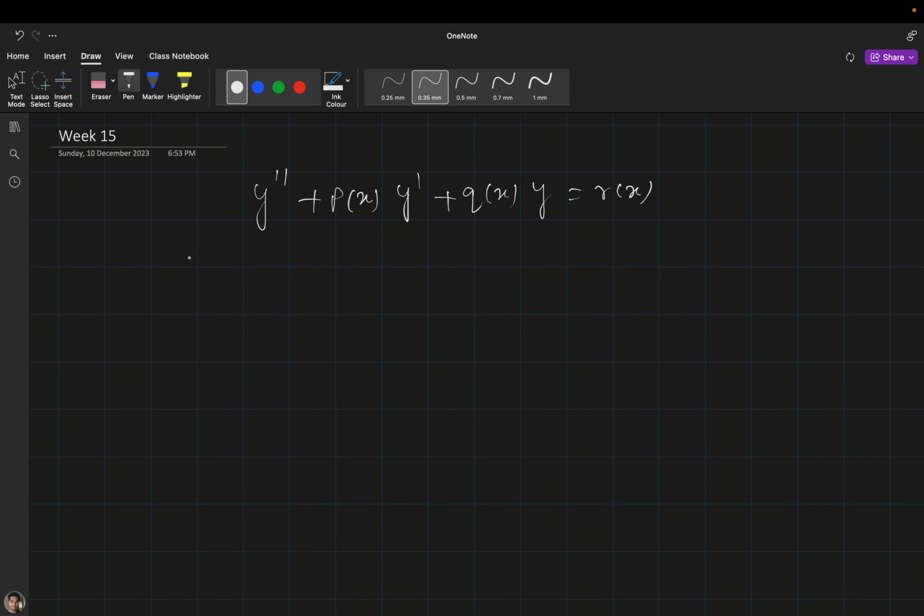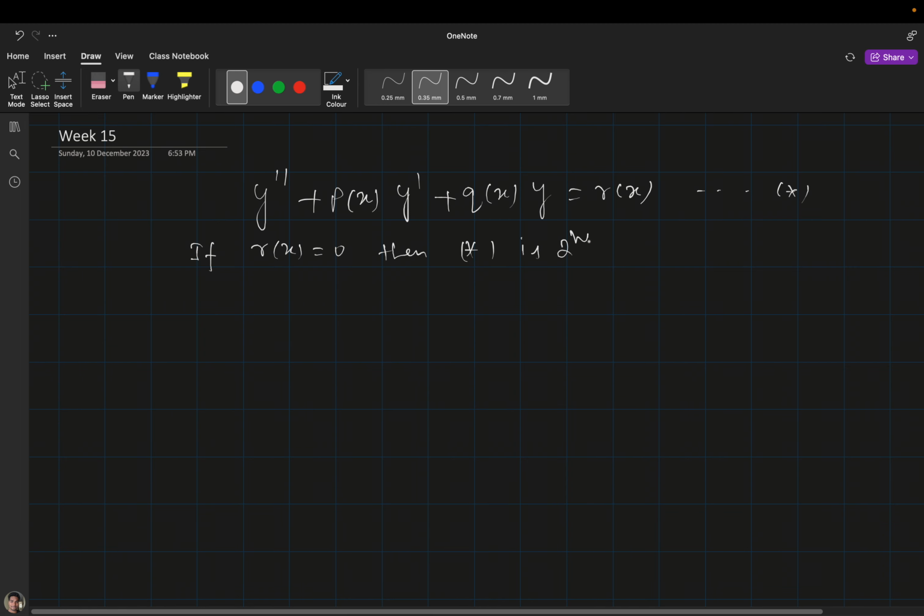Okay, and if r of x equals 0, then suppose it's equation number star, then it's a second order homogeneous linear ODE.